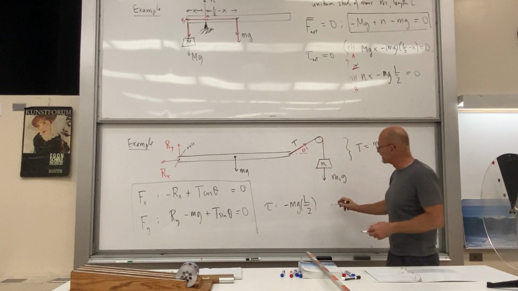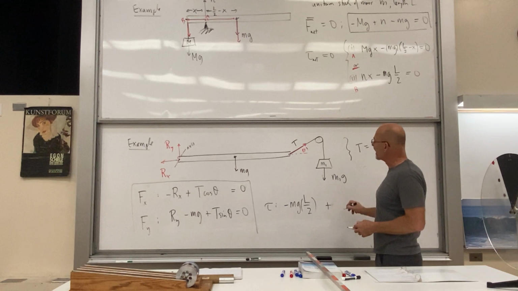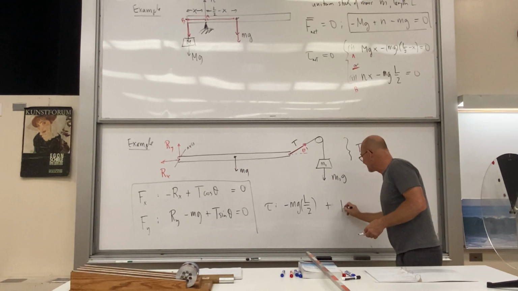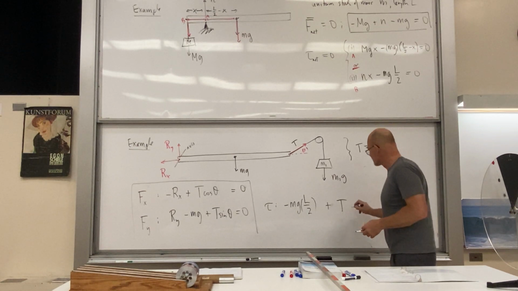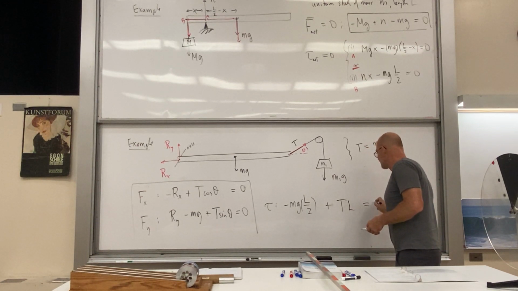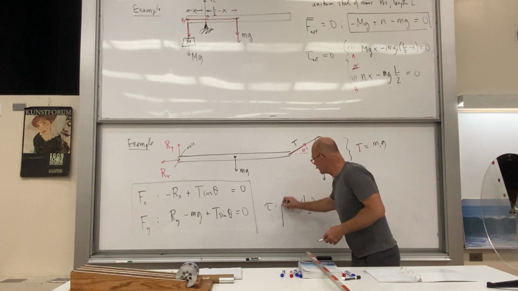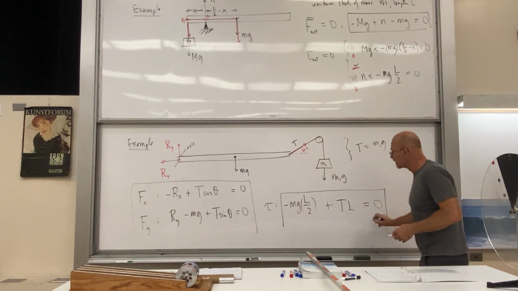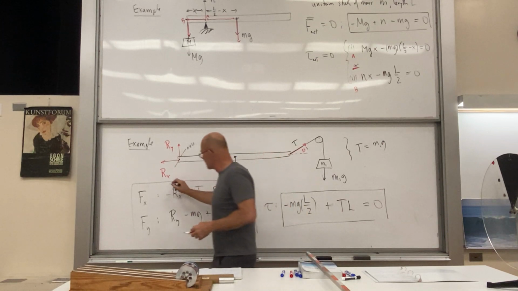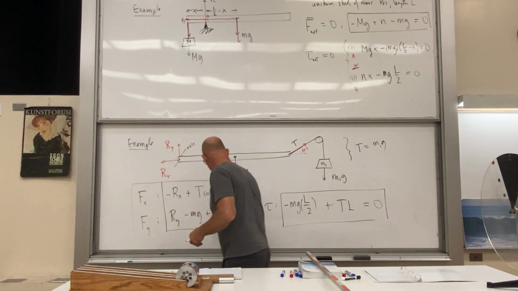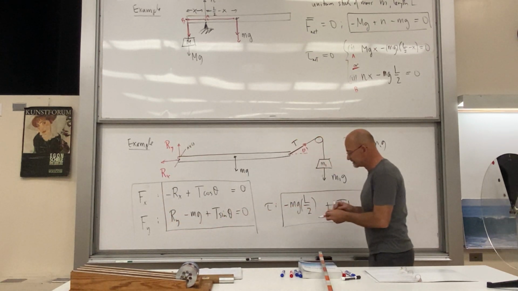Clockwise gets a minus sign, plus the counterclockwise one is T times the entire length of the stick L. So this is our torque equation. I'll go ahead and box them right here. These are our two force equations.